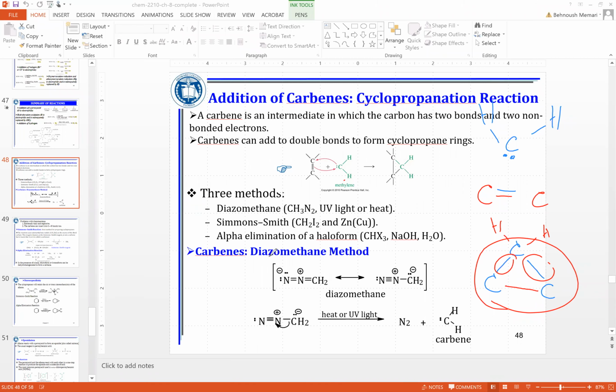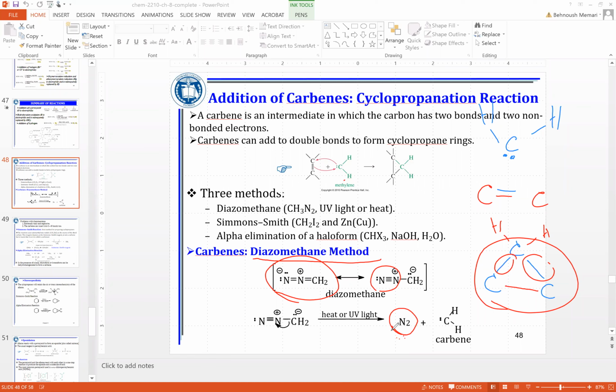So if you have diazomethane, there is a release of N2, which is an exothermic process, and it is going to leave the carbene behind. So you have to have the diazomethane. And when you have your diazomethane, you have two resonance structures. And the formation of N2 is a very unique reaction.